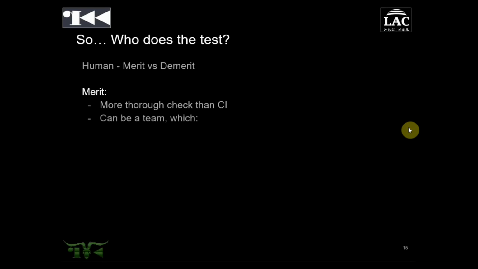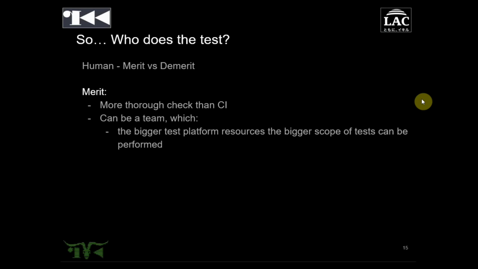The second is human resources can build a team to check with bigger test platform resources, so a bigger scope of tests can be performed. So it can be delegated test work, supporting many platforms to be maintained at almost the same time if the resource is big enough.